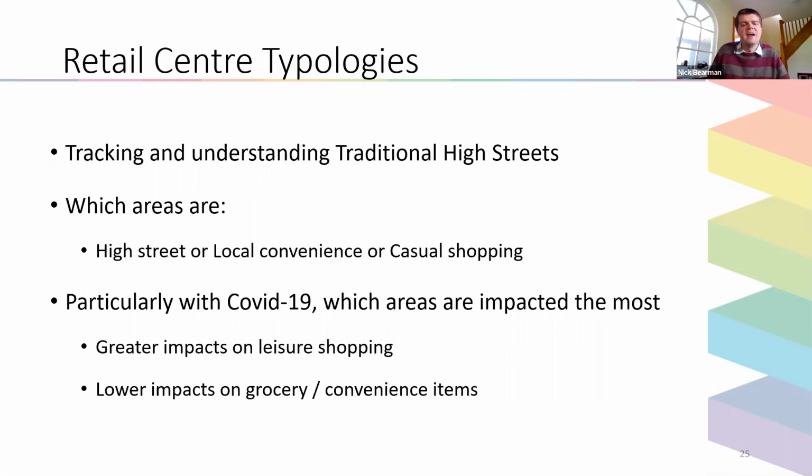Okay, great. And so this could be a great way of measuring which clusters are impacted much more by the changes from the impact of COVID. So leisure shopping has had a massive impact according to some of the analysis done, but generally lower impact on groceries, and that matches up with what we might expect.